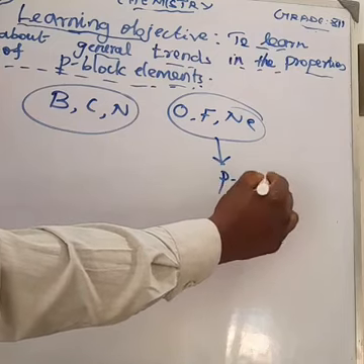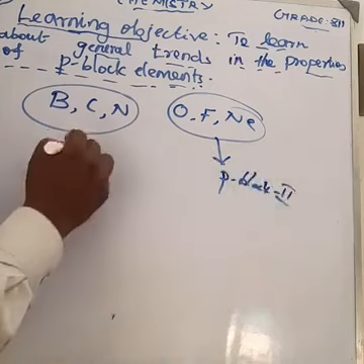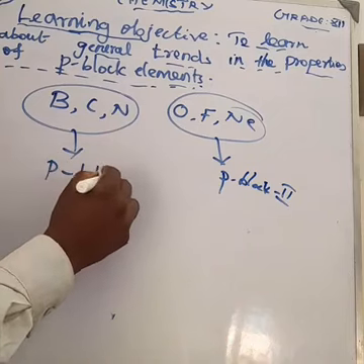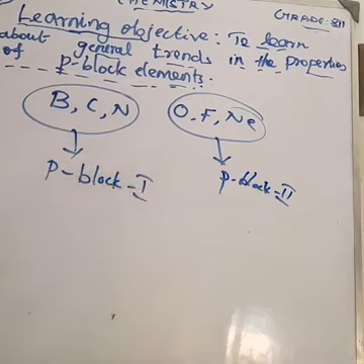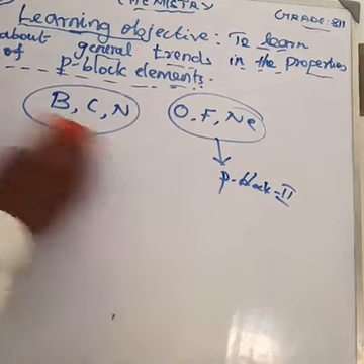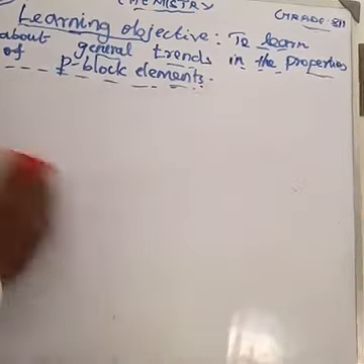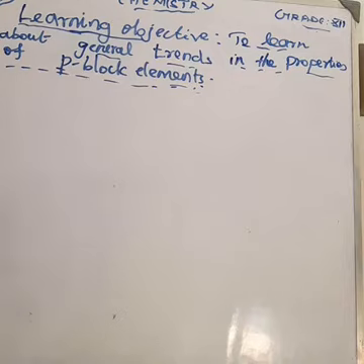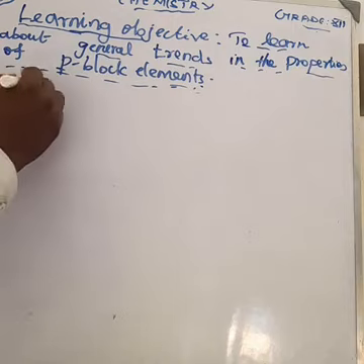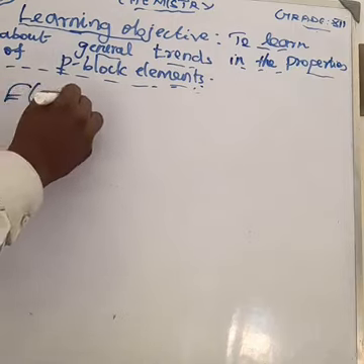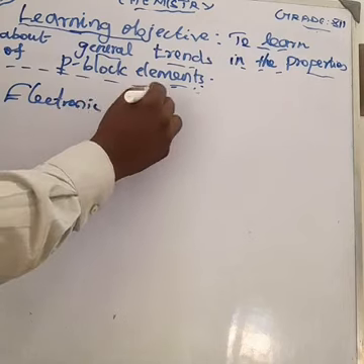In P block element 1, we are discussing only the boron family, carbon family, and nitrogen family. What is the boron family? Group number 13. The carbon family? Group number 14. The nitrogen family? Group number 15. Okay. So, how will you write the electronic configuration and oxidation state of the P block elements?